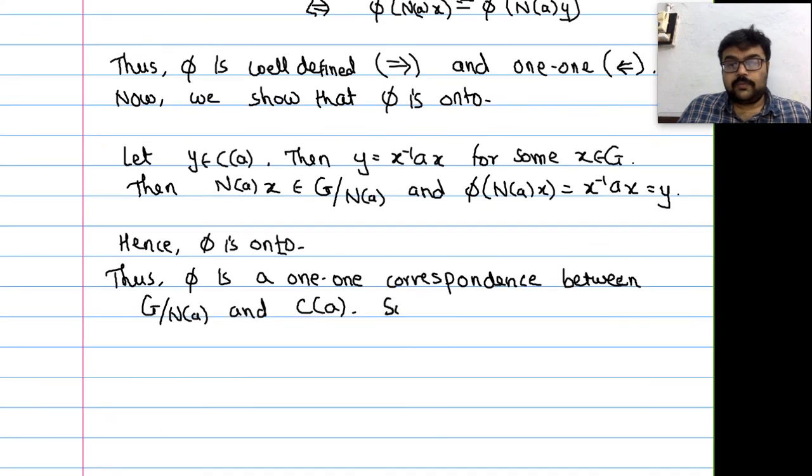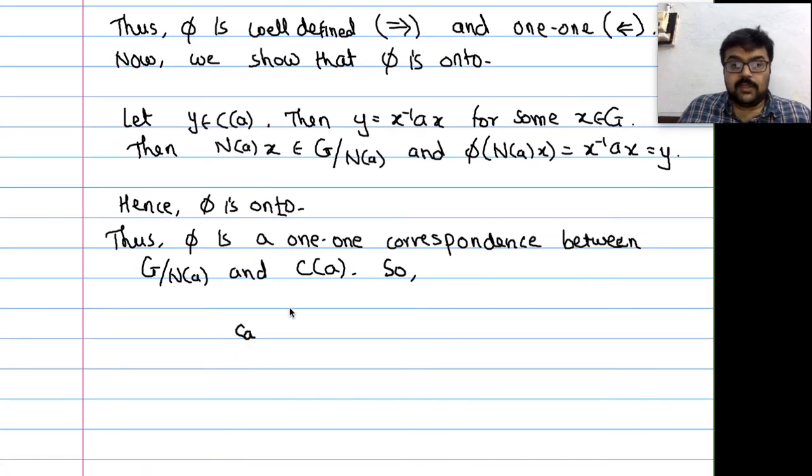So the number of elements in both are the same. So the cardinality of CA, which is small ca, is the same as the index of NA in G, which is nothing but order of G upon order of NA.